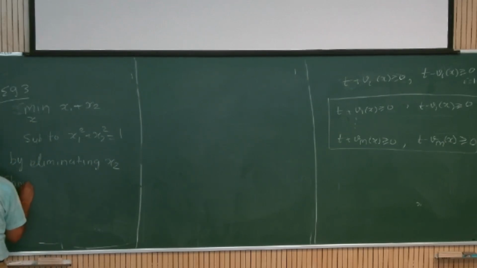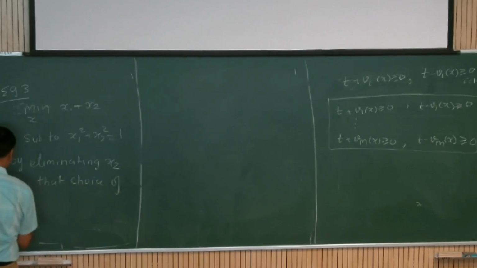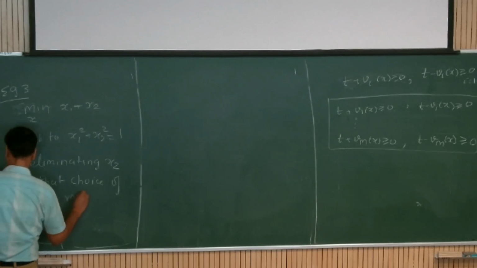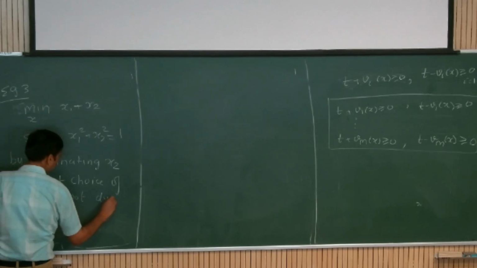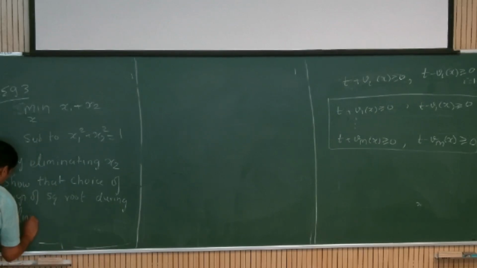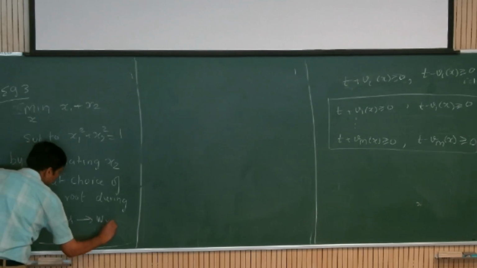Show that the choice of sign of square root during elimination leads to wrong answer.